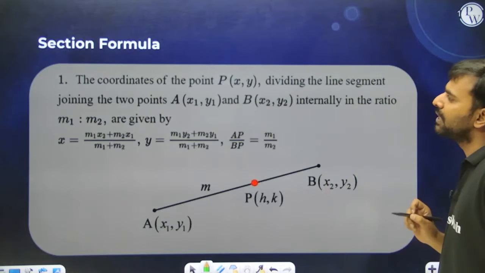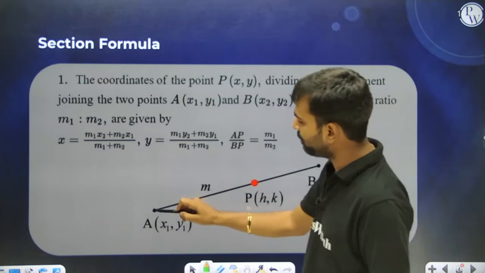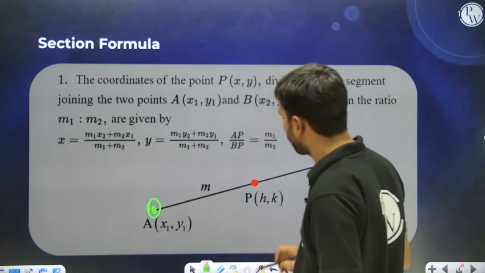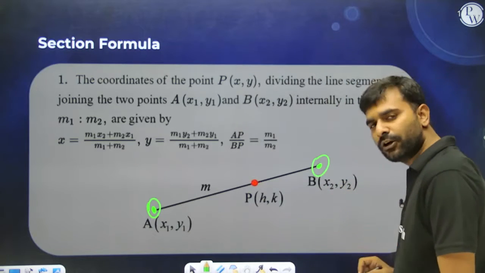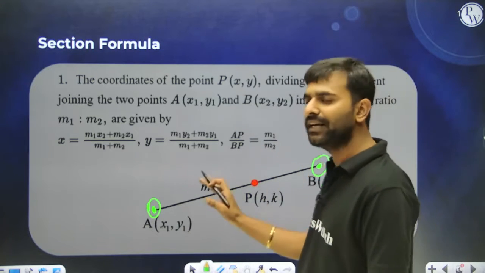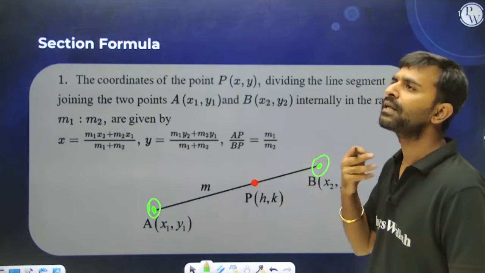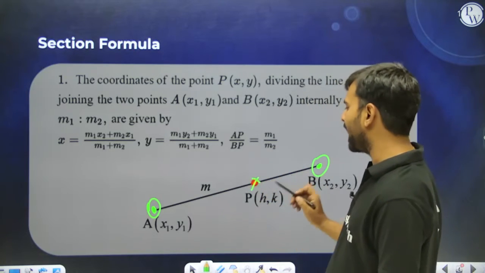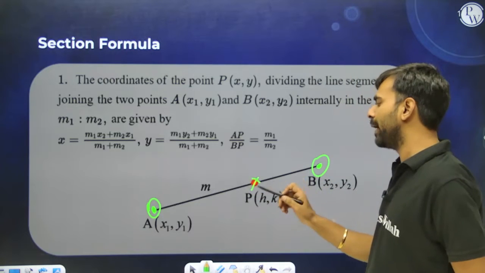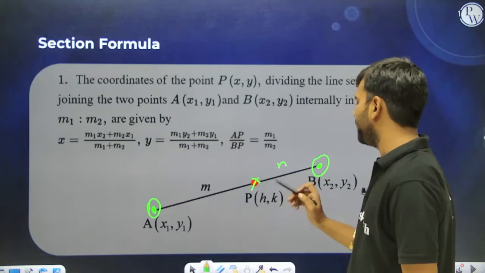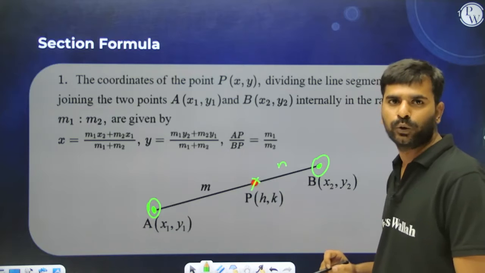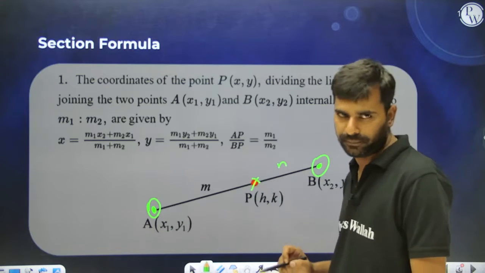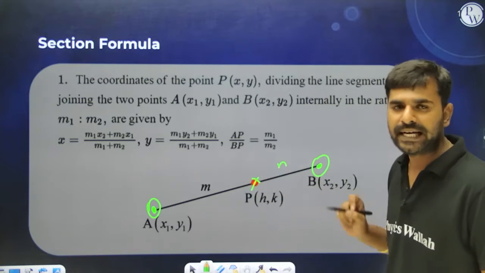So you remember this section formula. Now let's say there is a point A having coordinates x1 comma y1, and there is a point B having coordinates x2 comma y2, and in between this line segment AB there is a point P(h, k) such that it divides the line segment AB in the ratio m:n, such that AP upon PB is equal to m upon n.